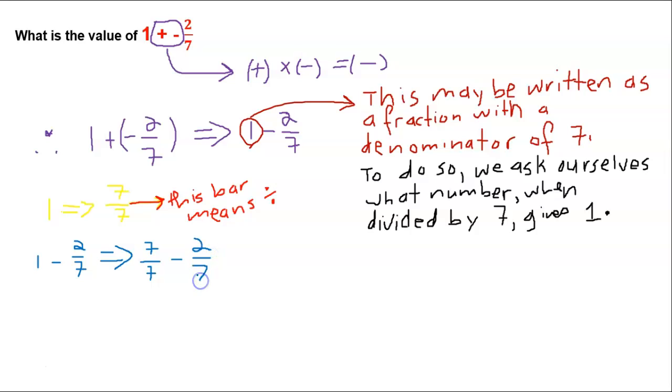Now since both denominators are 7, making them the same, we can just subtract the numerators, the 2 from the 7. So we get 7 subtract 2 is 5 over 7. 5 over 7, and that is our answer.